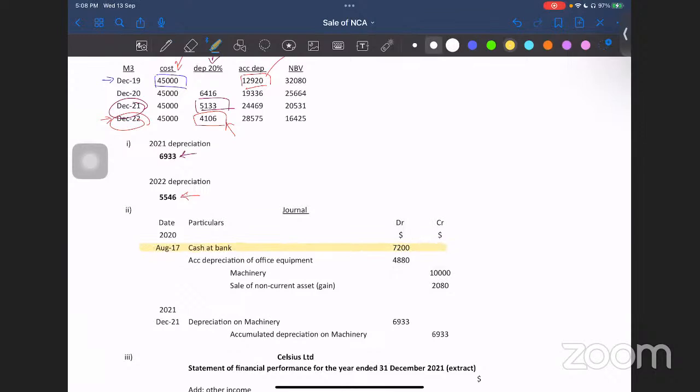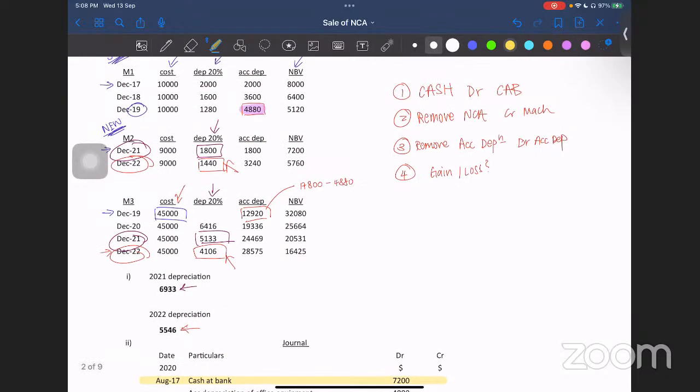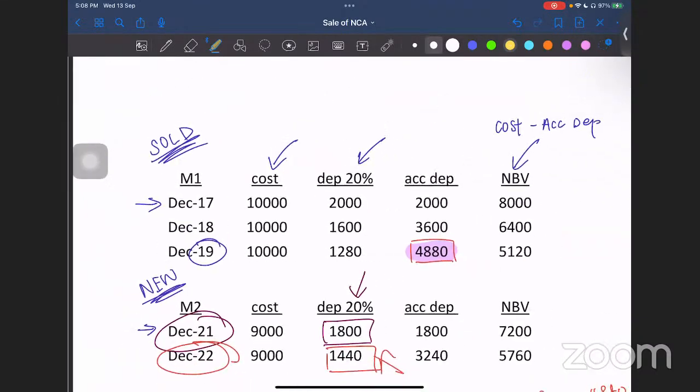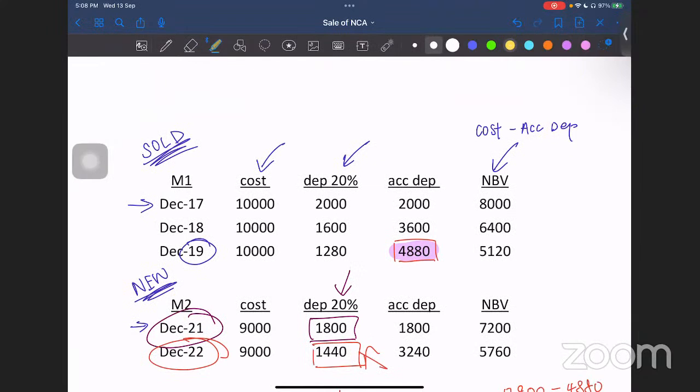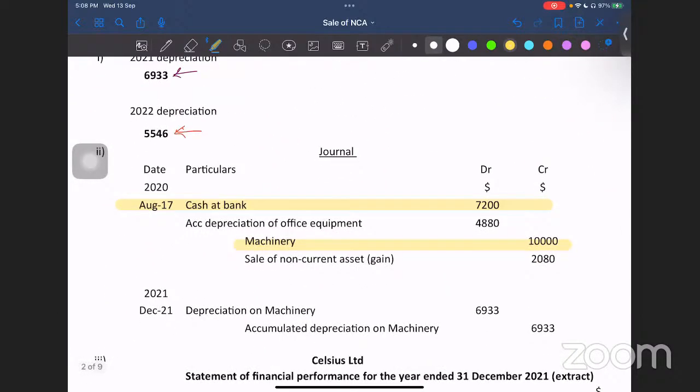Second step, I need to remove the NCA, so credit my machinery 10,000. Then third, the machinery comes along with the accumulated depreciation, so I need to remove it. How to get the accumulated depreciation? It is whatever we calculated in our table above. At the moment when I sell, my accumulated depreciation total was 4,880. That's why over here, I will debit the accumulated depreciation 4,880.